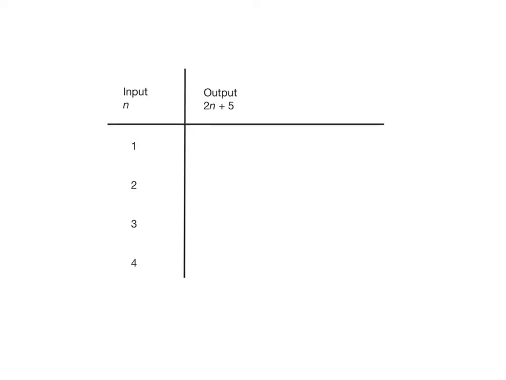If we let n equal 1, then we can write our output as 2 times 1 plus 5. To solve this, 2 times 1 is 2, plus 5 is 7. For the second one, we have 2 times 2 plus 5. We know that 2 times 2 is 4, plus 5 is 9.